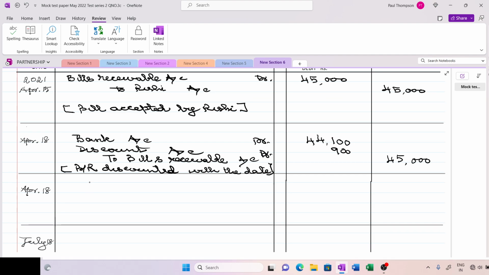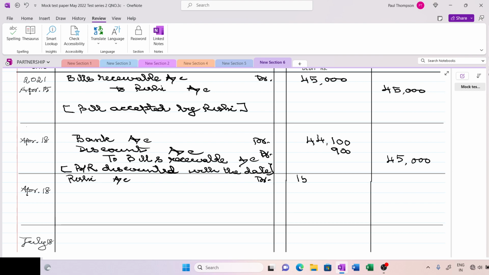It means whatever the amount given to that fellow, proportionate discount has to be borne by that other fellow. So now one third means one third of 45,000 is 15,000. So now he is going to debit the Rishi account with 15,000.